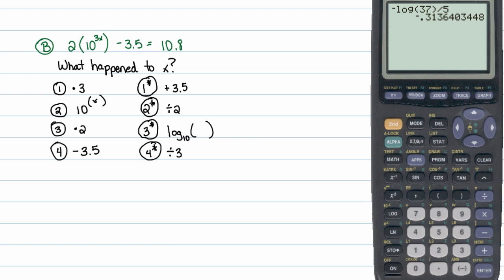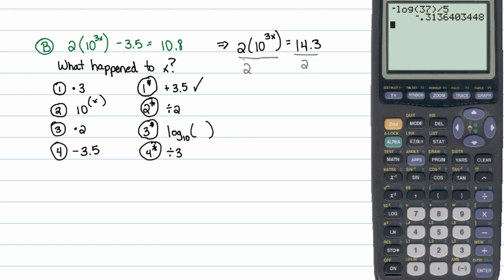So first thing I'm going to do is add 3.5 to both sides. When I do that, I get 2 times the quantity 10 raised to the 3x is equal to, let's see, that's 14.3. So that's done. The next thing I'm going to do is divide both sides by 2.